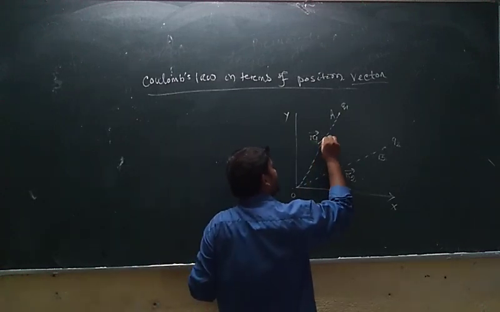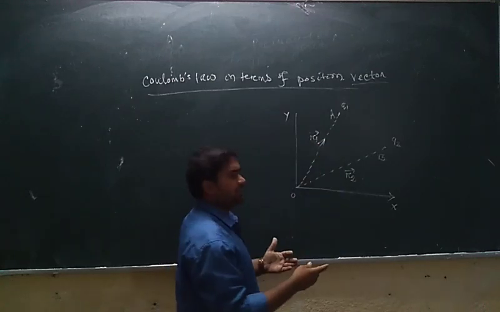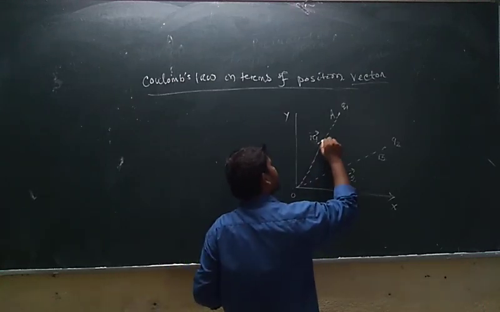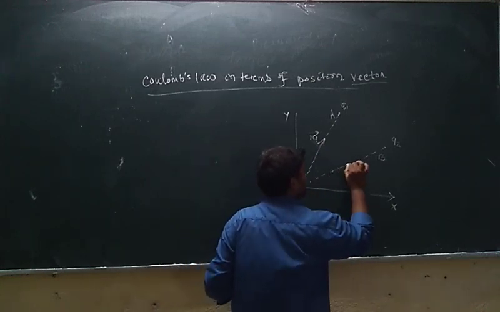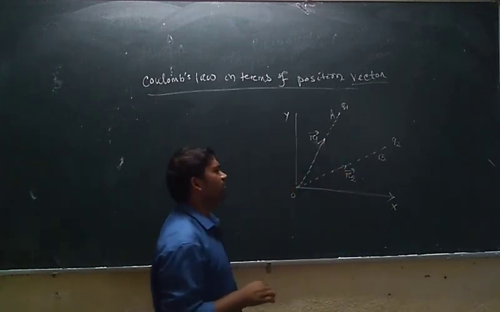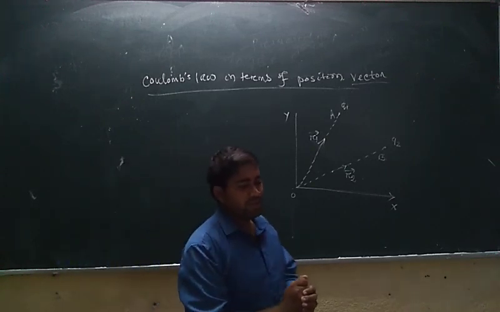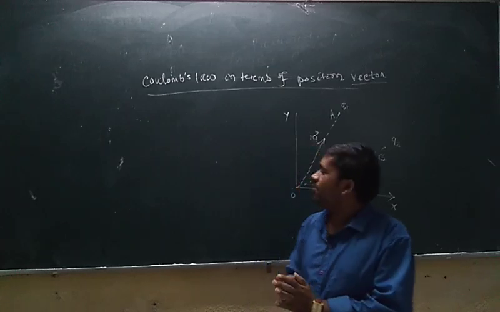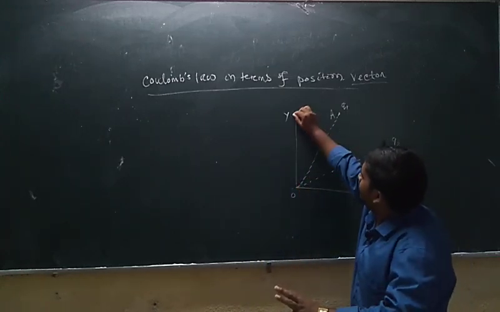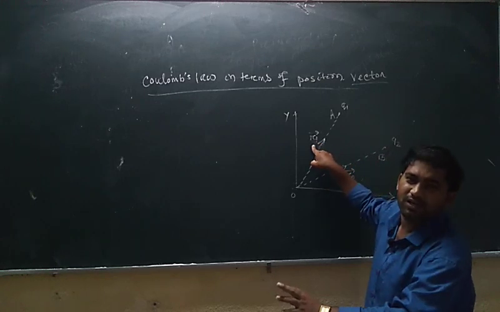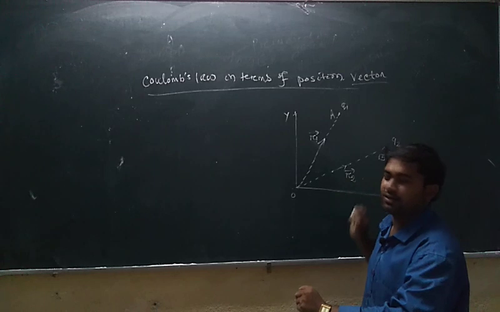When we move from the origin towards point A, the position vector direction will be along OA, and similarly the other has its direction towards OB. The data given is only this: the position vector of charge q1 is r1, and the position vector of charge q2 is r2.